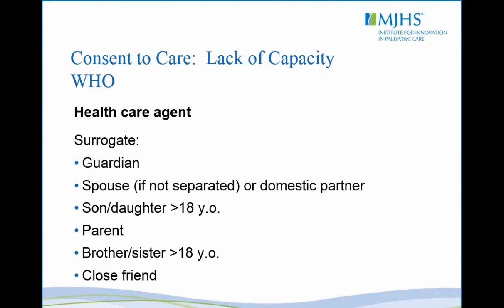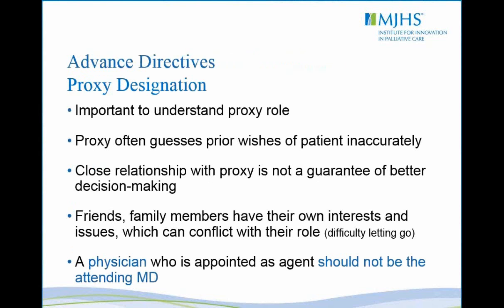If there's no guardian, the spouse, then the son or daughter, then the parents, brother, sister, and close friend. And this is a hierarchy. Even though there's a friend and there's a spouse, and oftentimes you will see that they don't get along well, and sometimes the close friend may know more than the spouse, nevertheless, according to the law, the spouse will prevail over the close friend in making the decision.